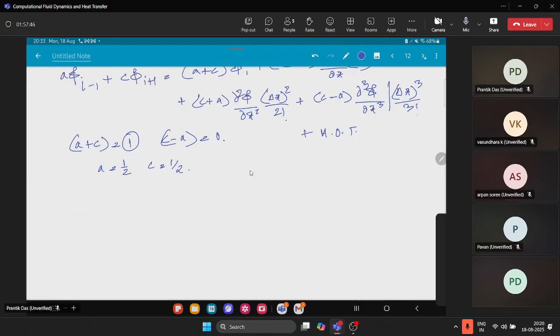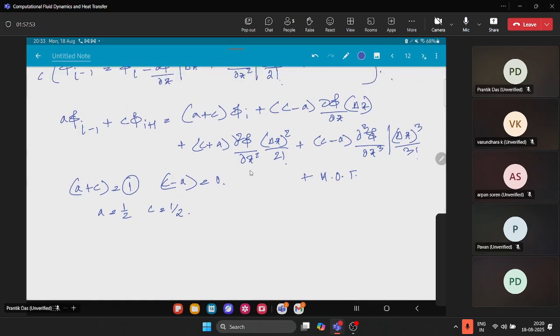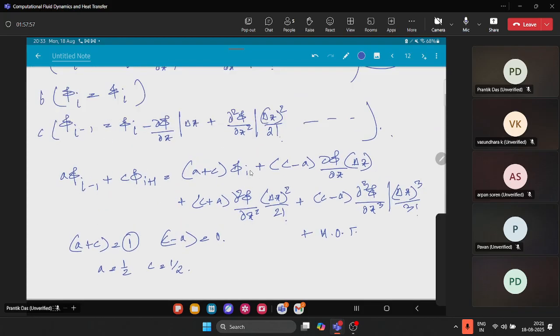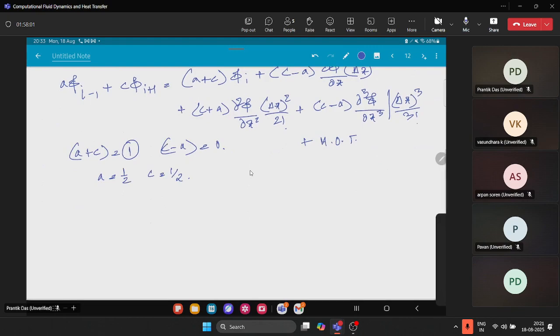So now, I think this is not required. B's will not serve any purpose, by the way.